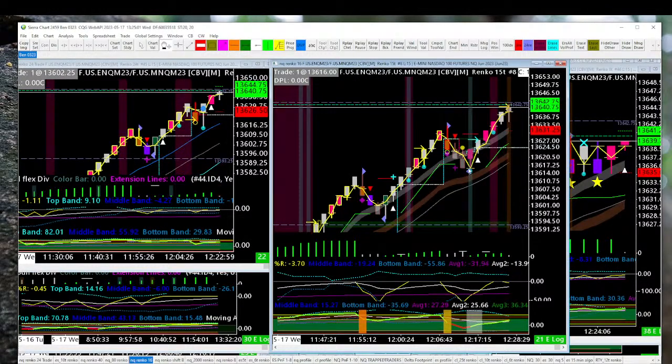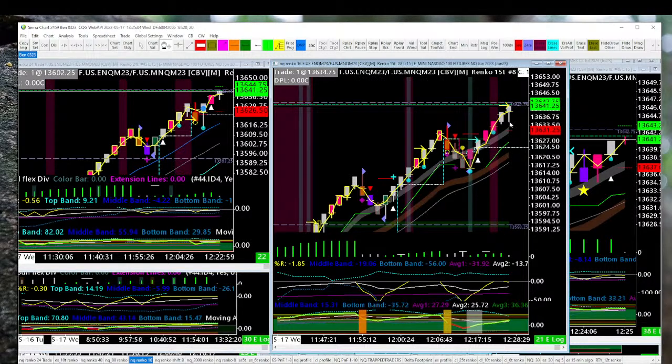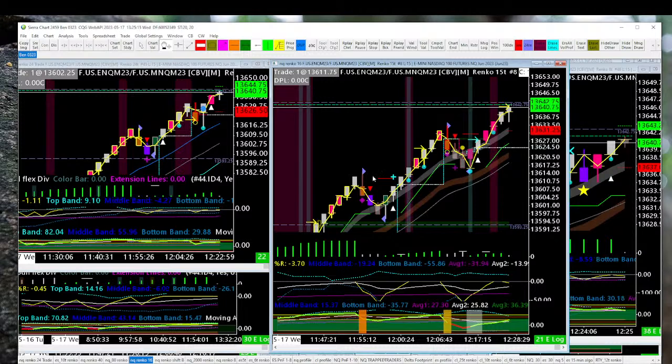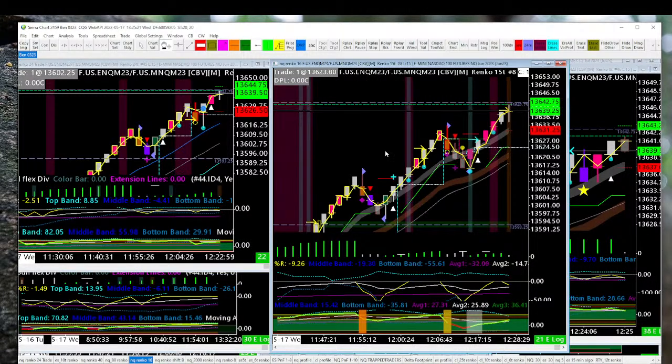So I leave them on the chart so I can keep an eye on them to see if one of those executions or those patterns that I've gotten used to watching for might be applying to some of those old signals.